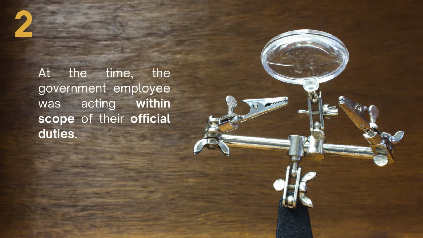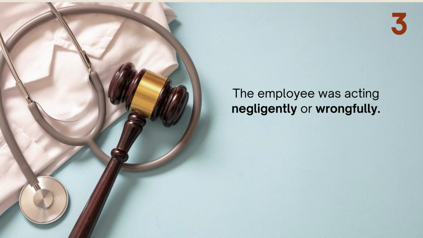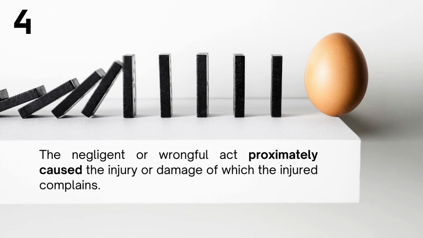That is really critical. Three, that the employee was acting negligently or wrongfully. Four, that the negligent or wrongful act proximately caused the injury or damage of which the injured individual complains.